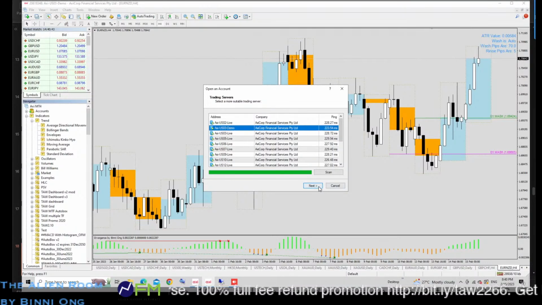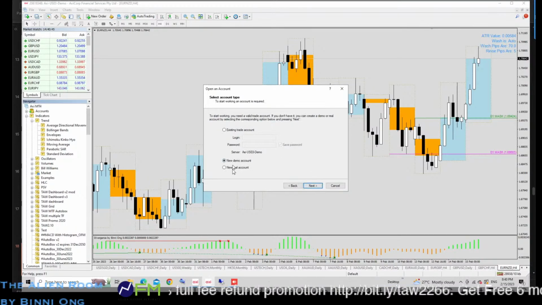Click on it and then click next, and then you can actually get a new demo account. So this is how you get a new demo account in your same MT4 platform. If you have, let's say, a live account and a demo account, you have to switch them around. Your indicators will be the same, they won't change. You just have to switch around to make sure that you are trading in the correct account.